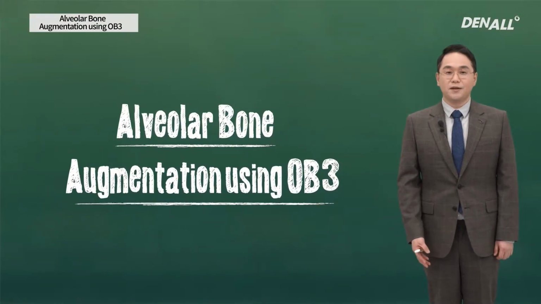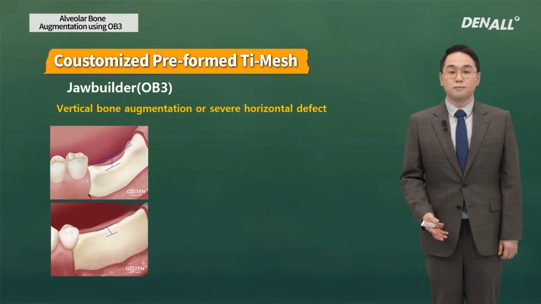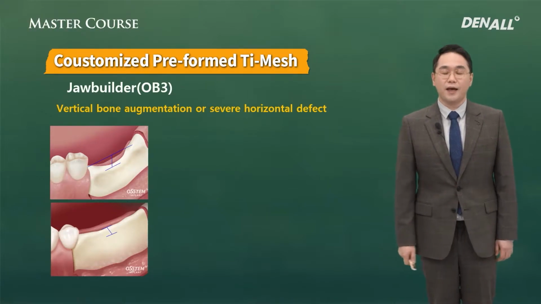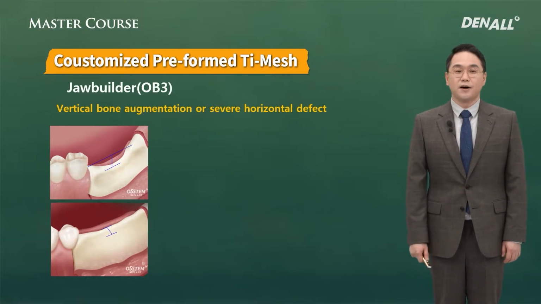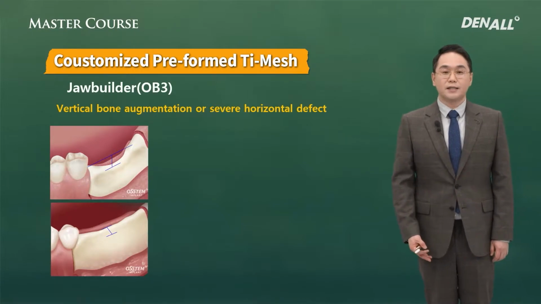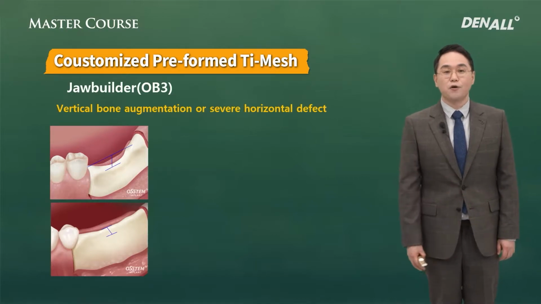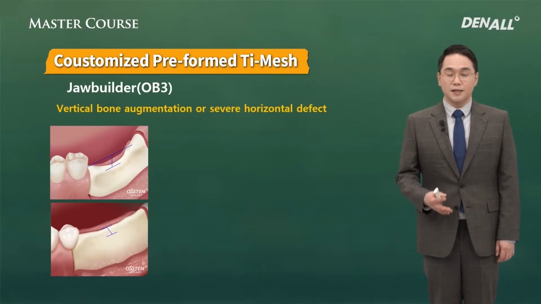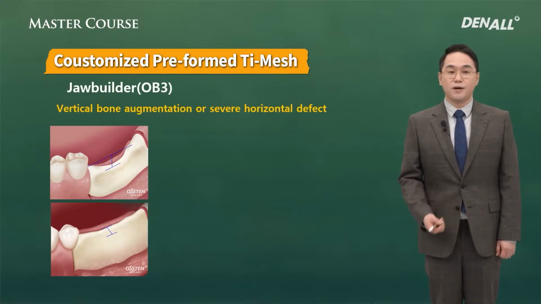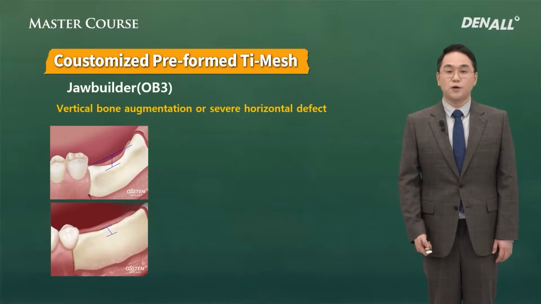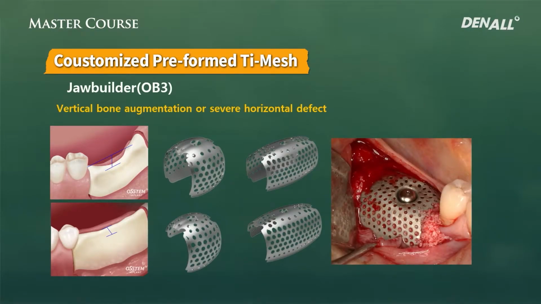Generally, Builder can be connected to an implant, a titanium mesh that can address simple bone defect. But as I said before, if we have a wide-ranging horizontal or vertical bone defect where implant cannot be easily placed, delayed approach can be used to generate bone using a Jawbuilder or Builder 3.